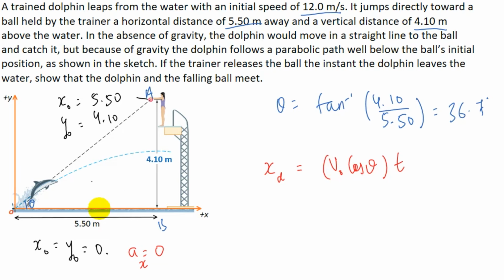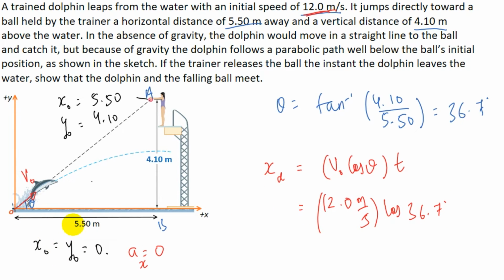And what is this v naught here? V naught is the initial speed of the dolphin, which we are given to be 12.0 meter per second. So this will be 12.0 meter per second times cosine theta, and theta we have calculated to be 36.7 degrees.